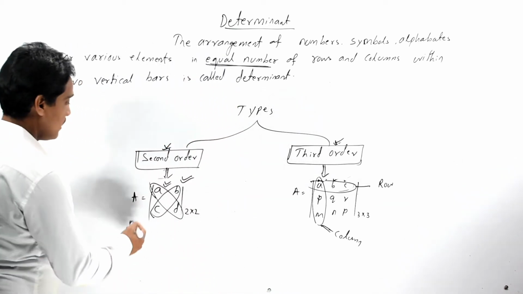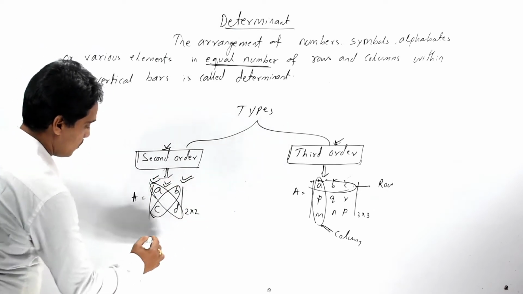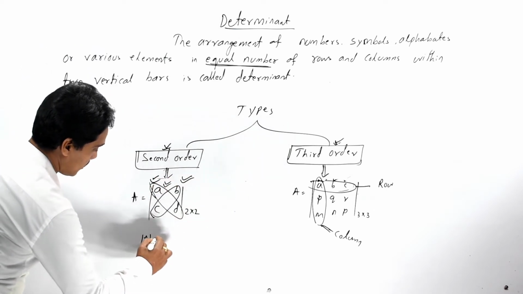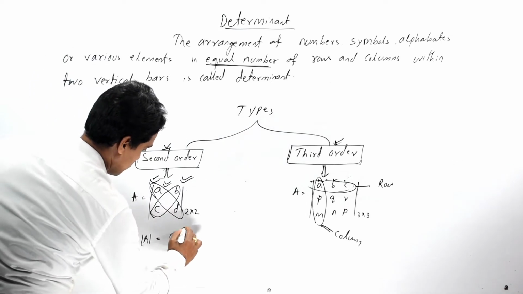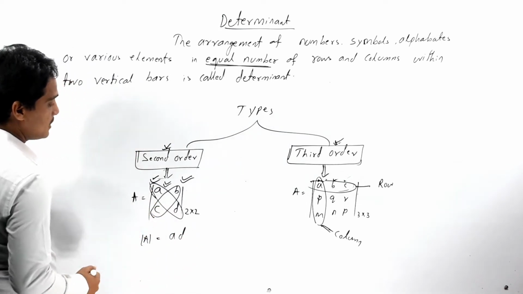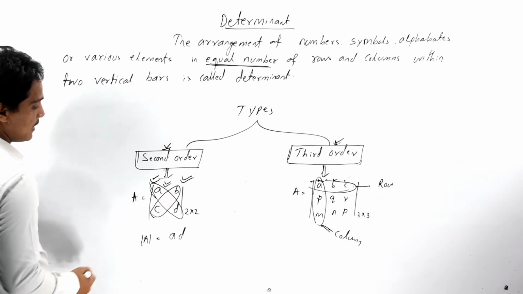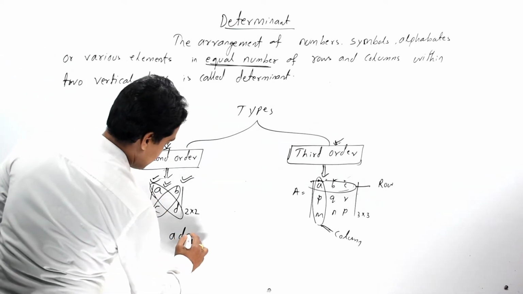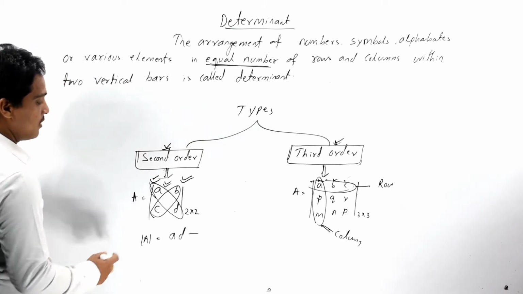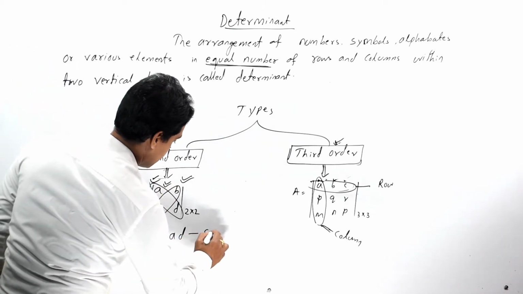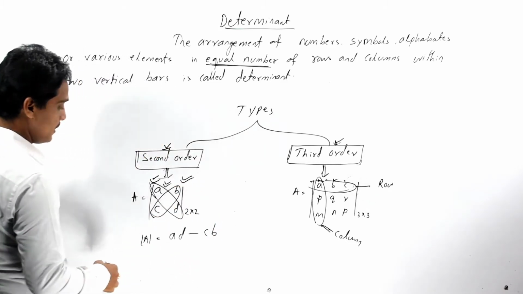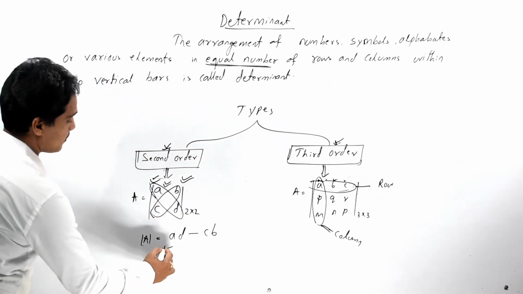That means in our given example, the determinant value of A is the product of the principal diagonal, that is AD, and deducting therefrom the product of the cross diagonal elements, that is CB.